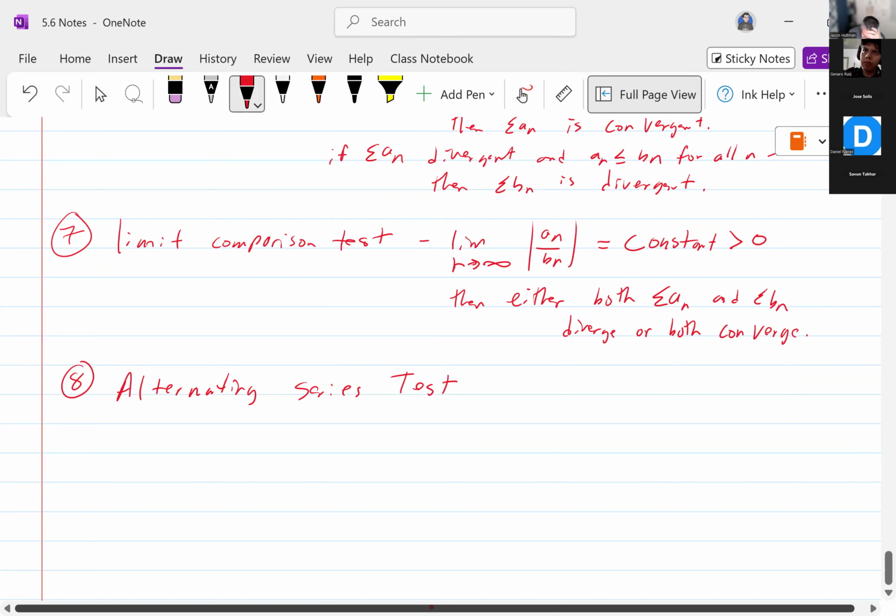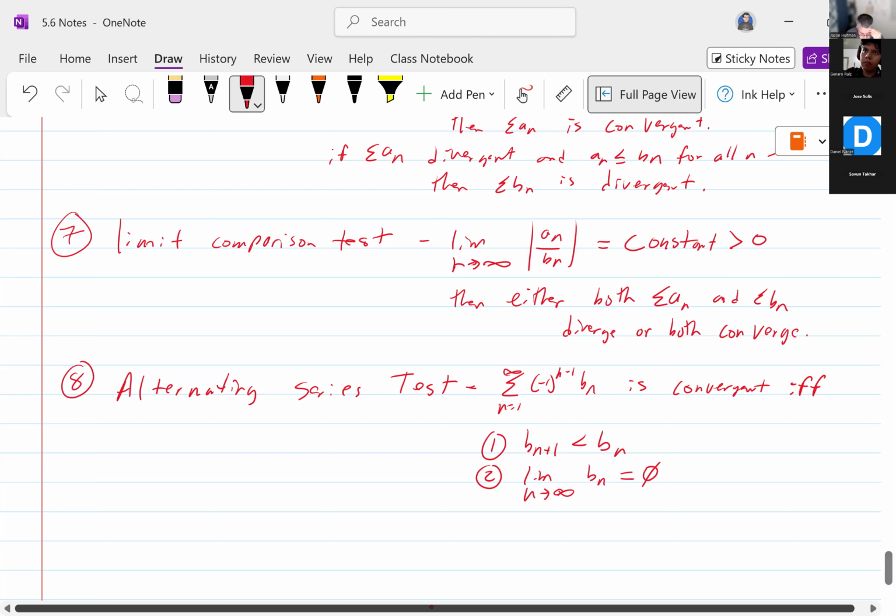And this says that if we have the summation from n equals 1 to infinity of (-1)^(n-1) times b sub n, this is convergent if and only if, one, the terms are decreasing, and two, the limit as n goes to infinity of b sub n is equal to 0.